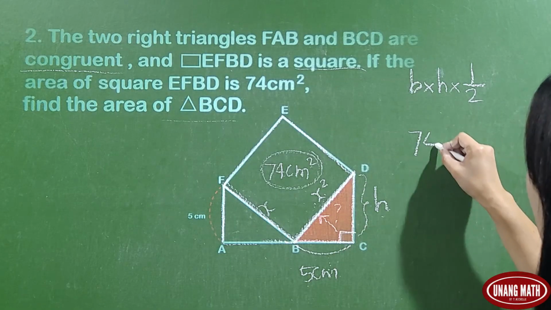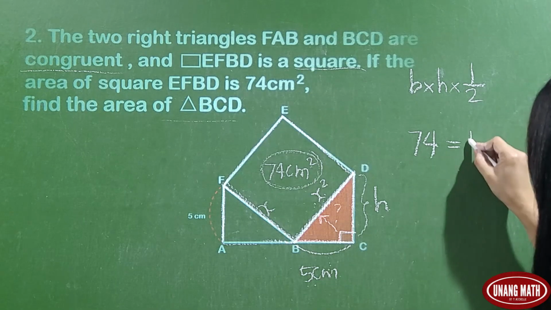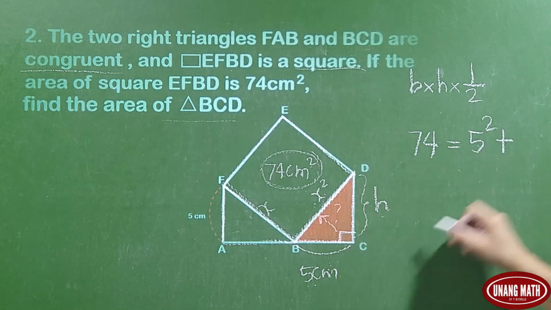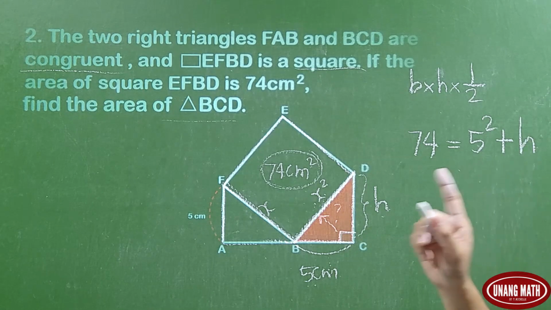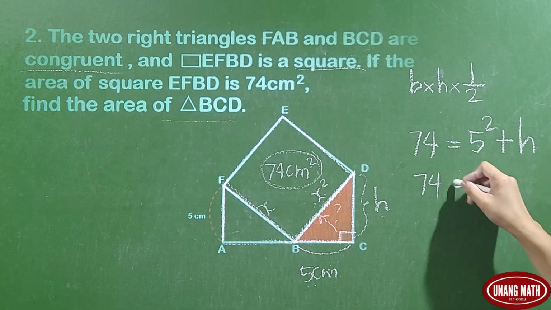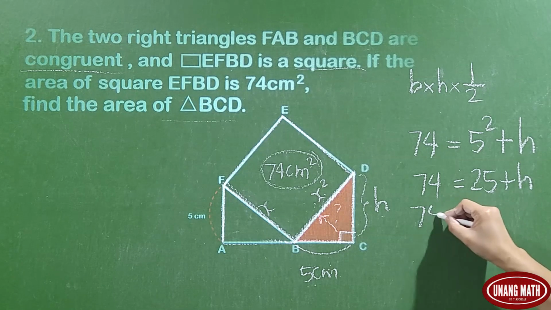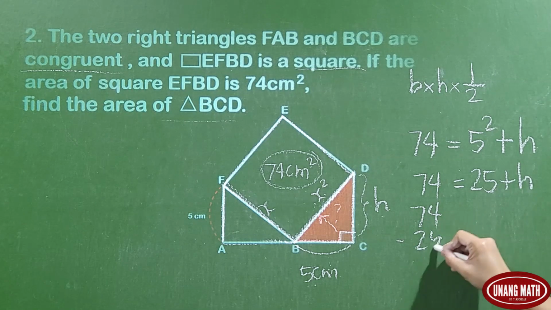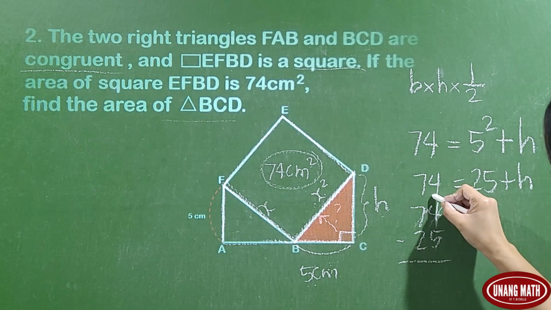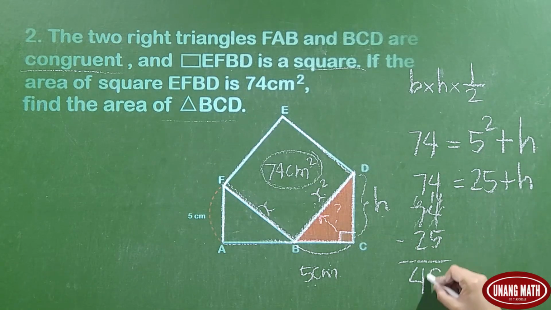So we have here 74 is equal to 5 squared plus this side. Let's say this is the height of this right triangle. So we have here 74 equals 25 plus h squared. So 74 minus 25 is now equal to 49.